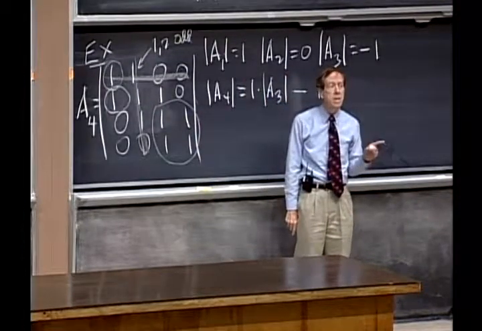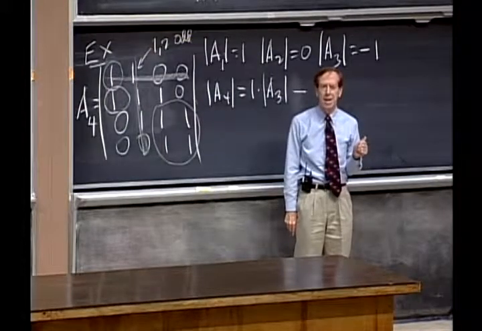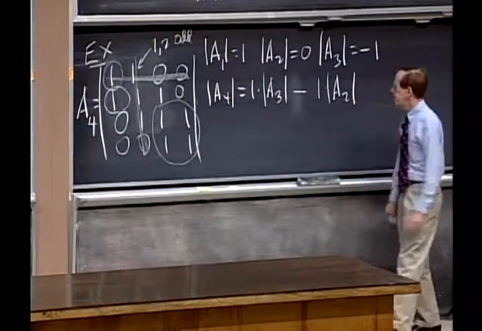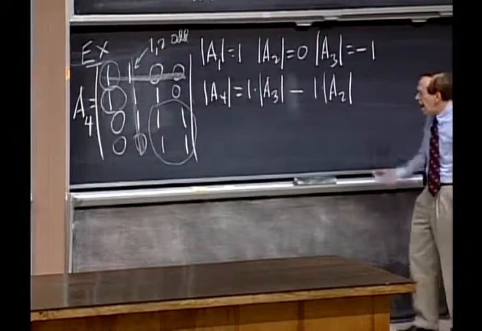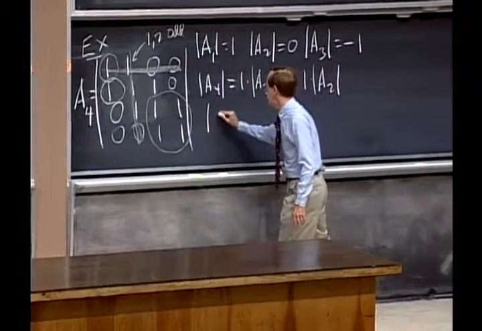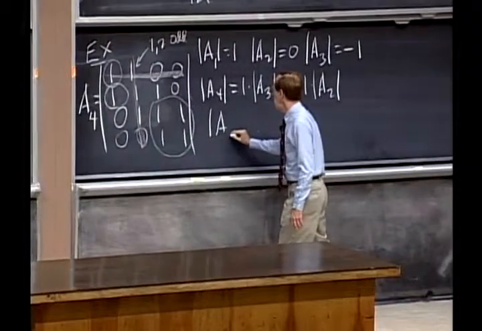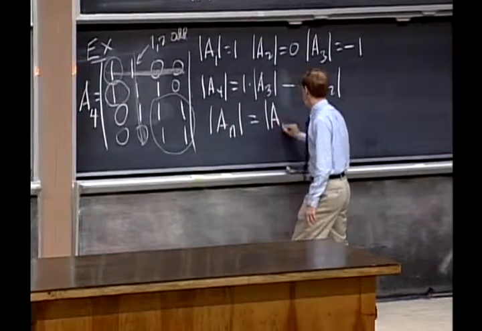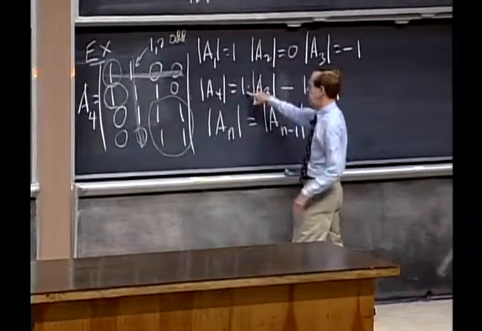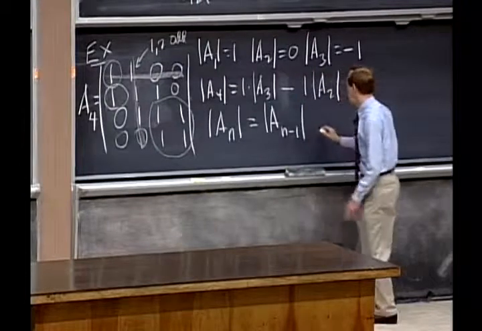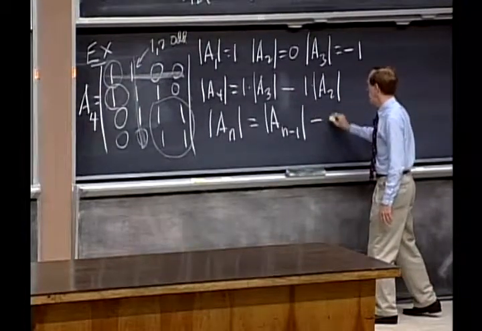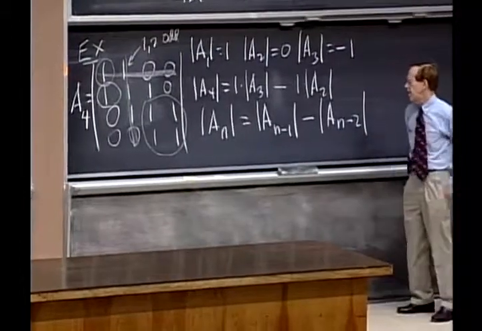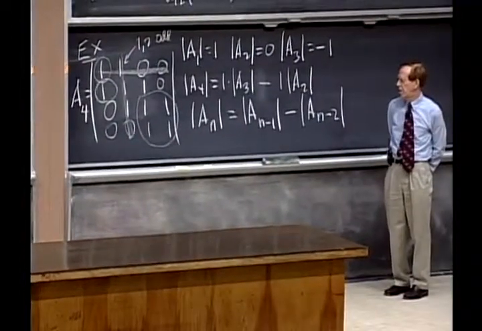That matrix is A2. And that's our formula for any case. The determinant of A_n is equal to the determinant of A_(n-1), that's what came from taking the 1 in the upper corner, the first cofactor, minus the determinant of A_(n-2). What we discovered there is true for all n.